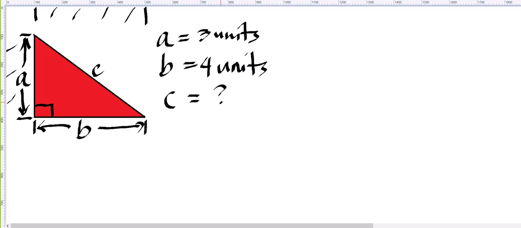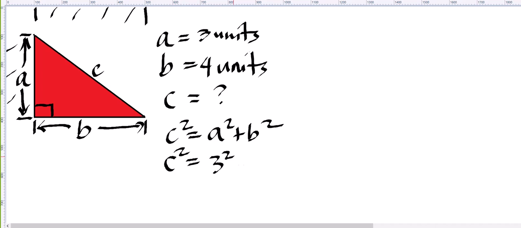Let us do this by illustrating a triangle with sides 3 units and 4 units. Let A equals 3 units and B equals 4 units. What is the value of C? We know that C squared is equal to A squared plus B squared. Hence, C squared is equal to 3 squared plus 4 squared. 3 squared is 9 and 4 squared is 16.